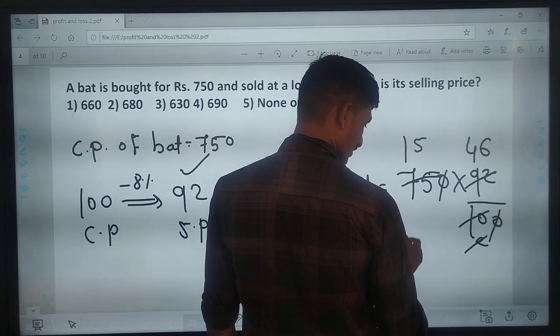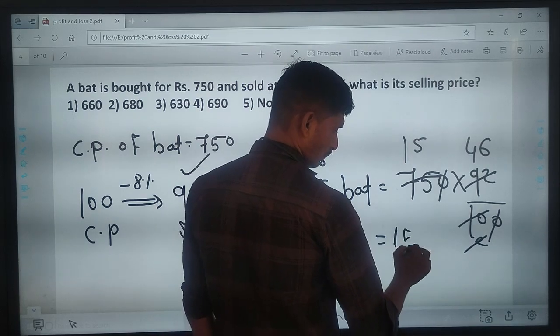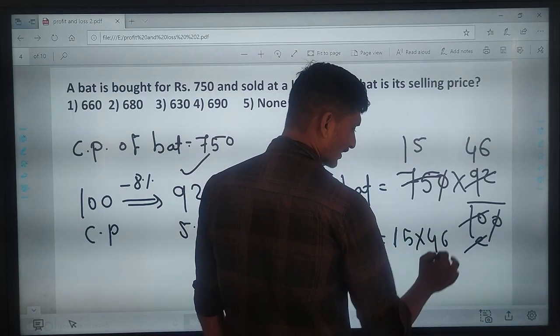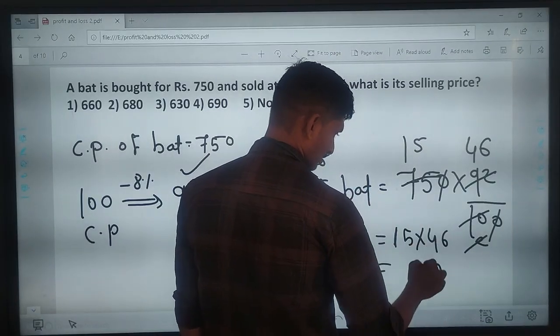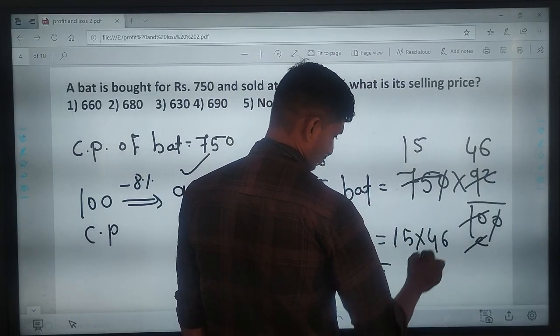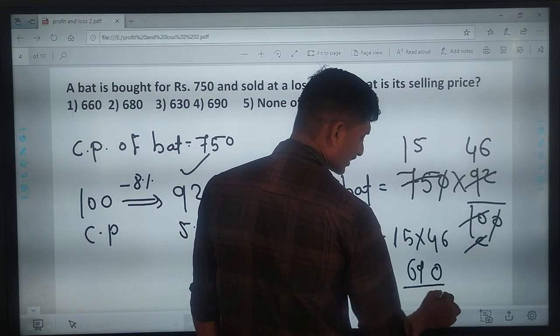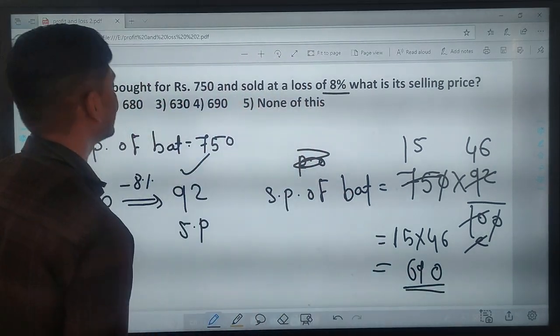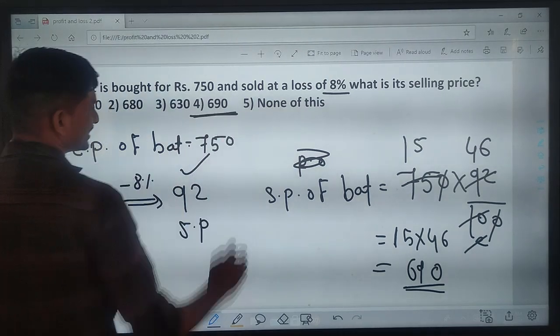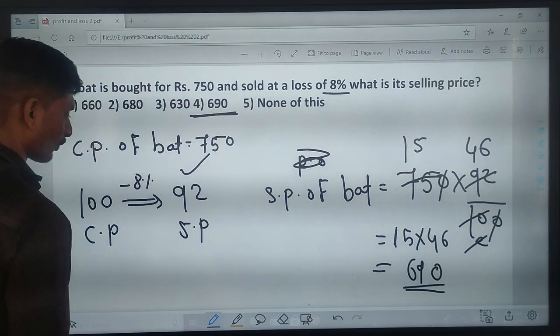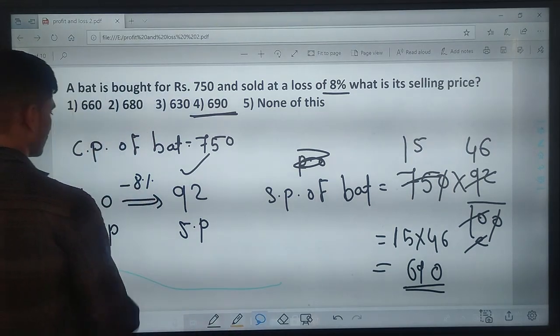Now here 15 multiplied by 46. Now selling price of the bat is 690 rupees. This is your answer. Now next.